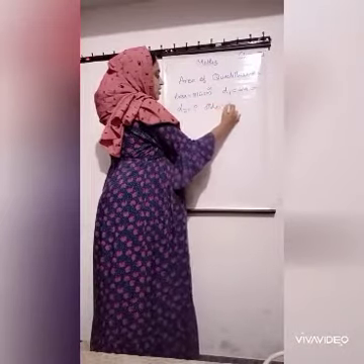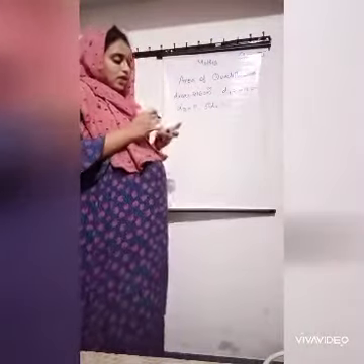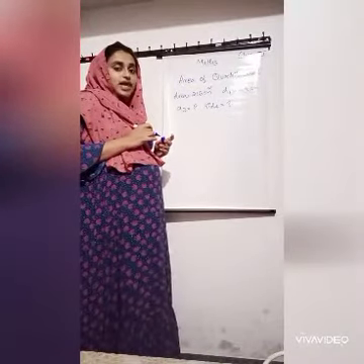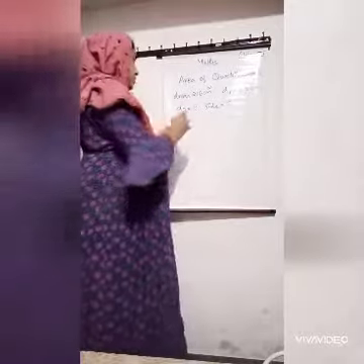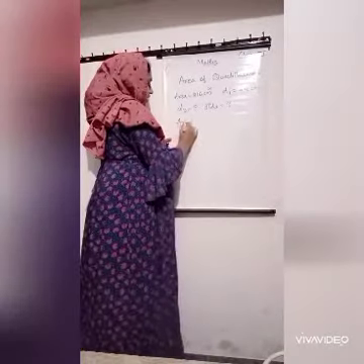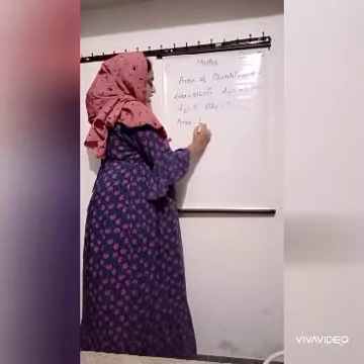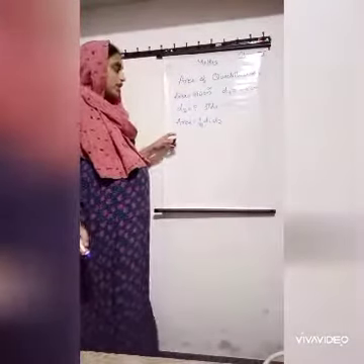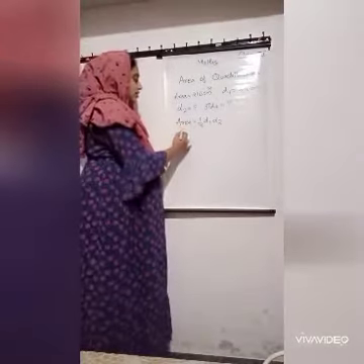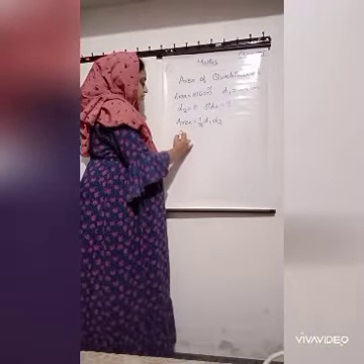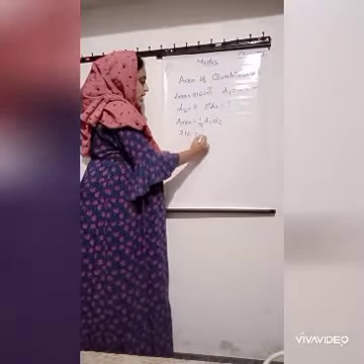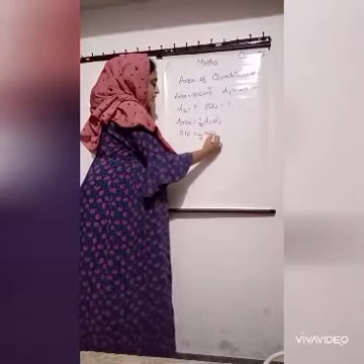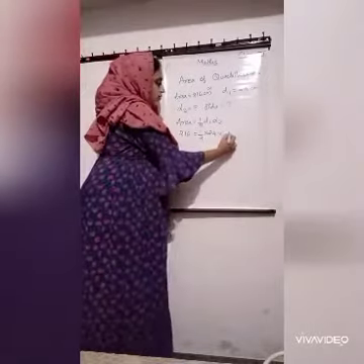the length of the side. What is the equation for finding the area of the rhombus? Very good. Area is equal to half D1 D2. What is the area given here? 216 is equal to half into D1, that is 24, into D2, which we don't know.